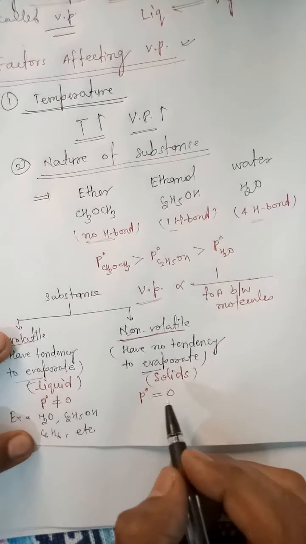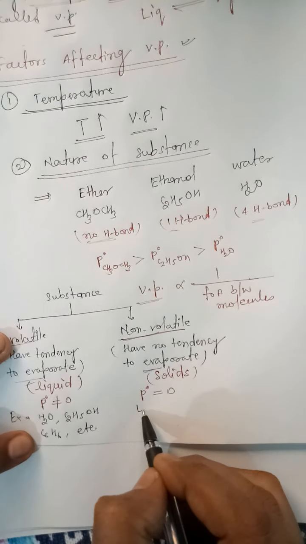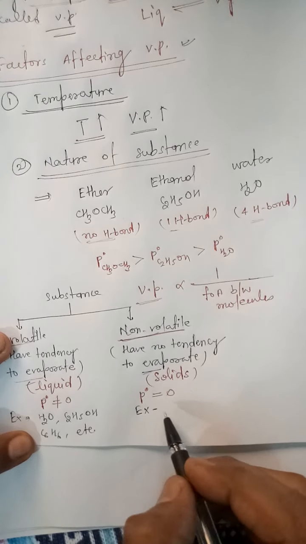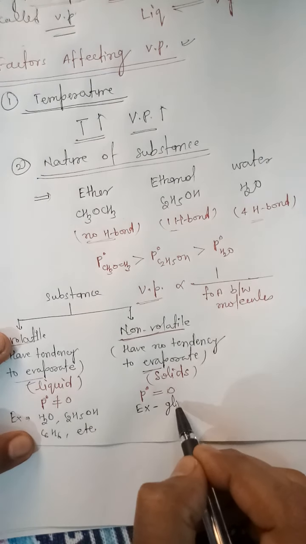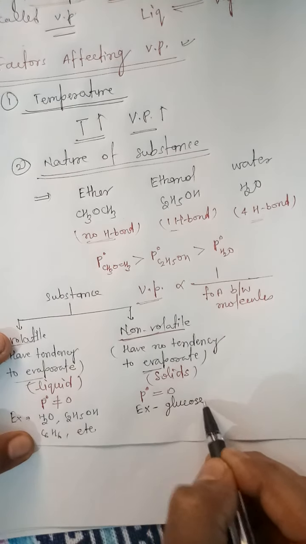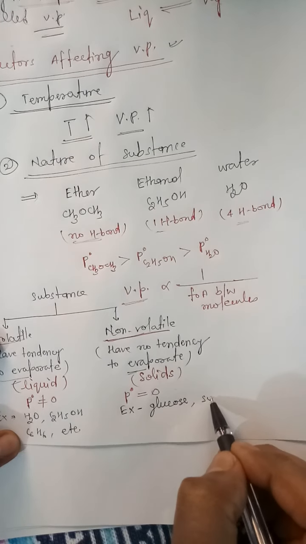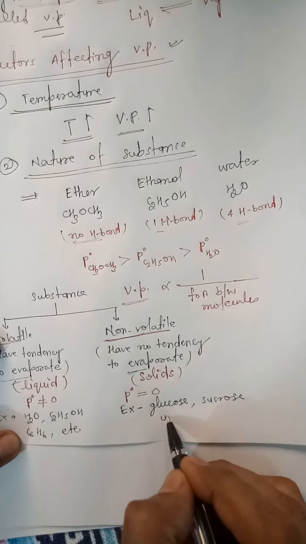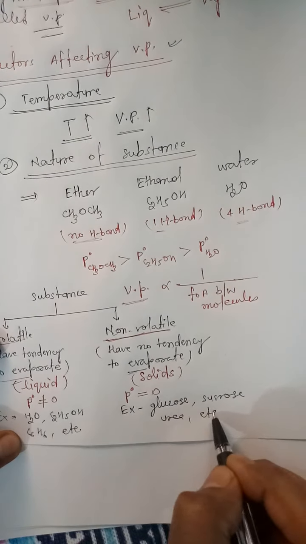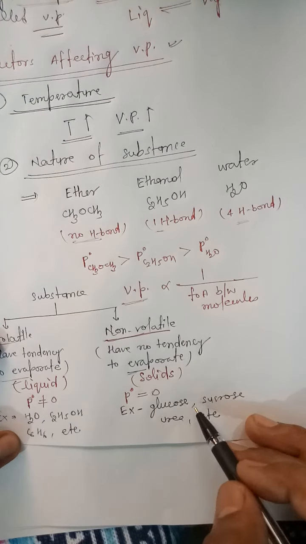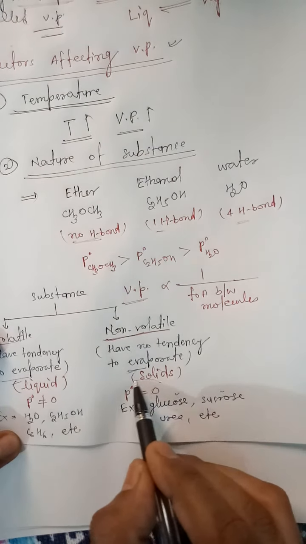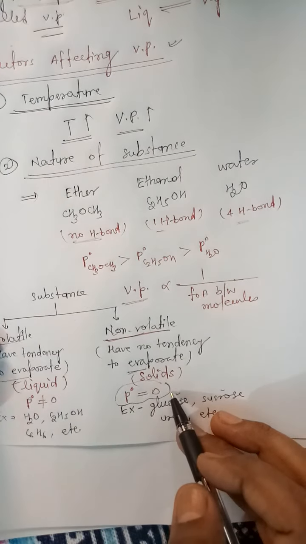Now the examples of non-volatile substances for this chapter are glucose, sucrose, urea, etc. These are non-volatile substances. They cannot form the vapor, and in this case the vapor pressure will be 0.